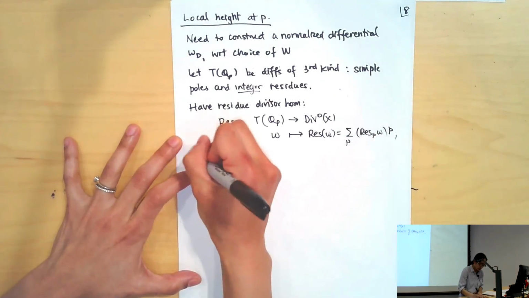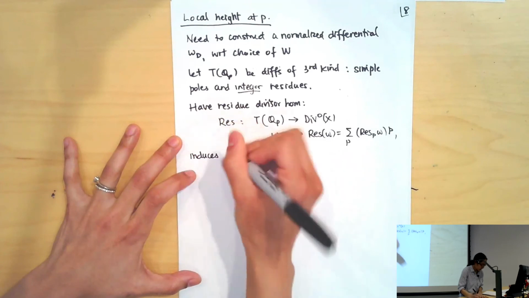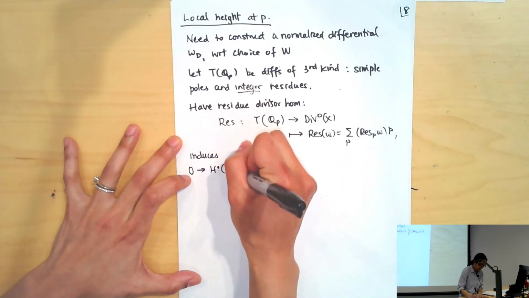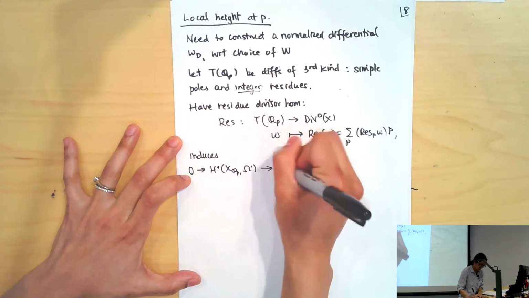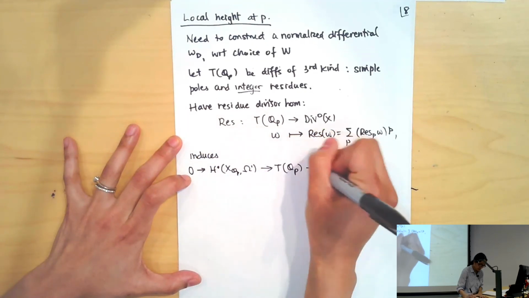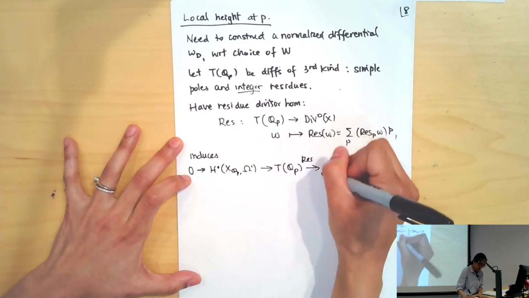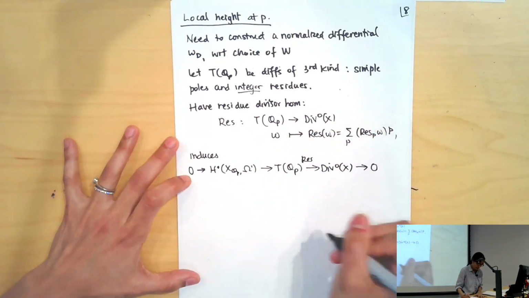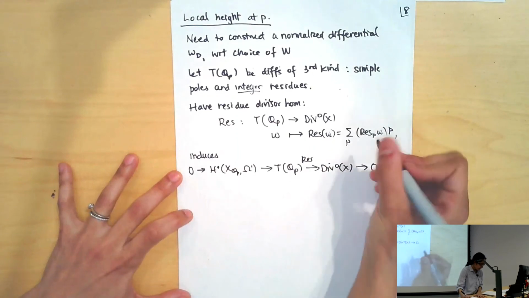And this induces a short exact sequence, and here is a residue divisor homomorphism, like so.